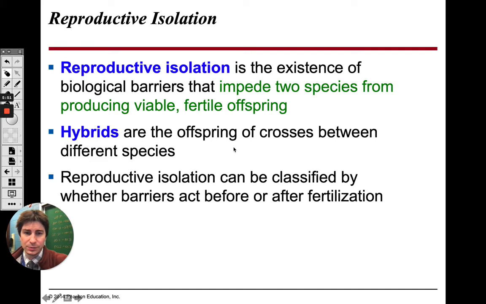Hybrids are the offspring of crosses between different species, so we can produce hybrid organisms, but most of the time these hybrid organisms are going to produce offspring that might not be very fertile, or they might be sterile overall.